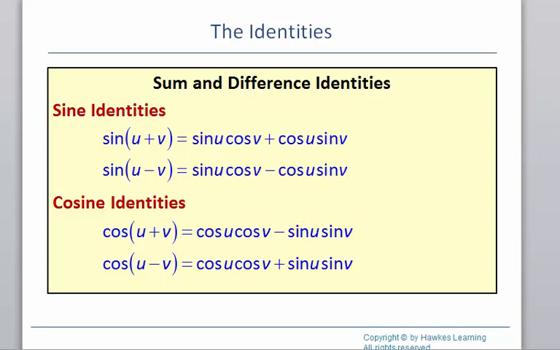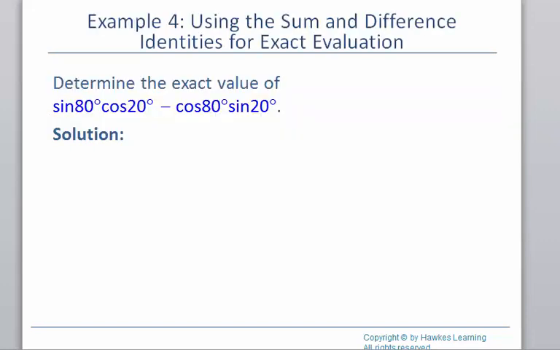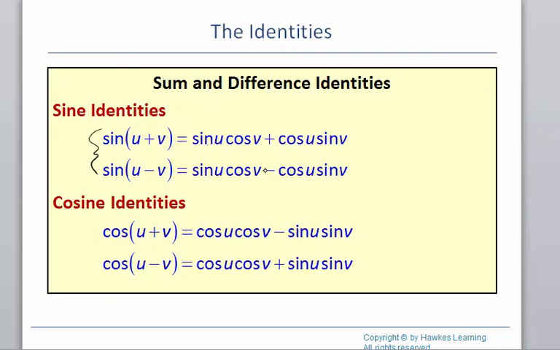And we notice that the ones that go sine and then cosine are the sine formulas. So I know that it's going to be one of those two. All right, let me go back and take one more look at that problem. Notice that in the problem we have a minus in between. And so that helps me identify the formula that I'm using as this formula.